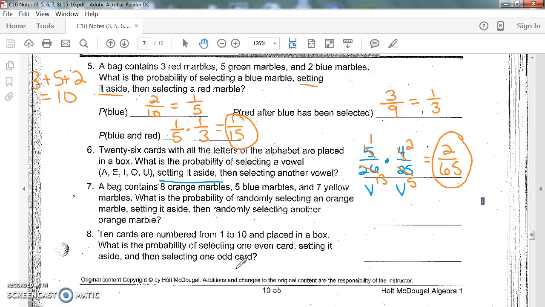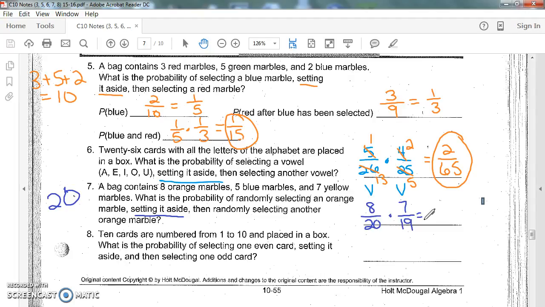Number 7, a bag contains 8 orange marbles, 5 blue marbles, and 7 yellow marbles. That is 20 altogether. What is the probability of randomly selecting an orange marble, setting it aside, then randomly selecting another orange marble? So to begin with, we have 8 out of 20 for the first orange marble. For the second, there are now only 7 orange marbles and only 19 altogether.